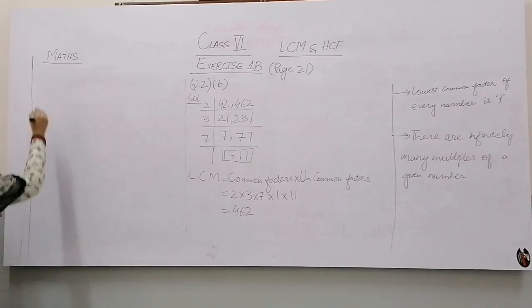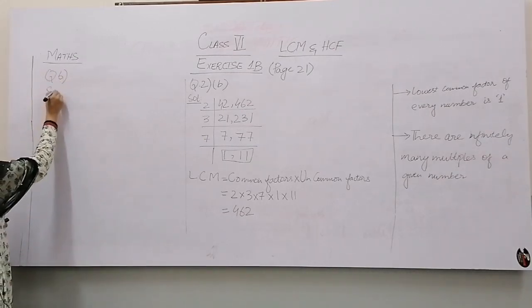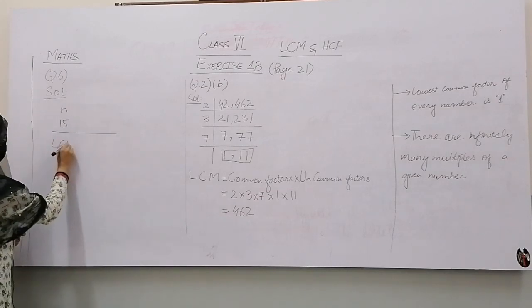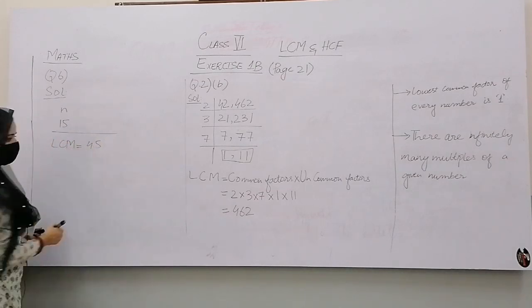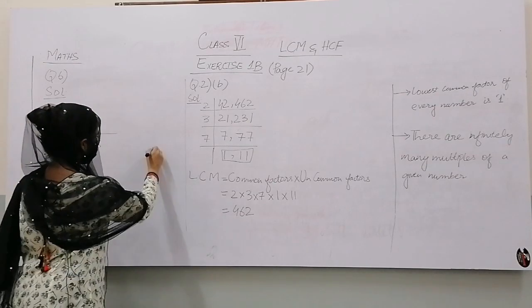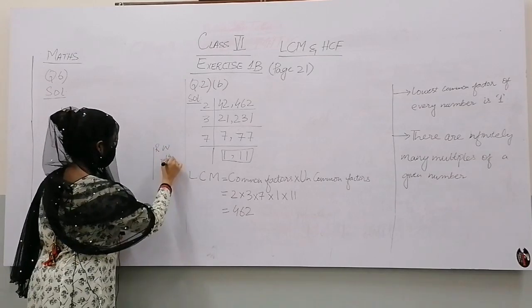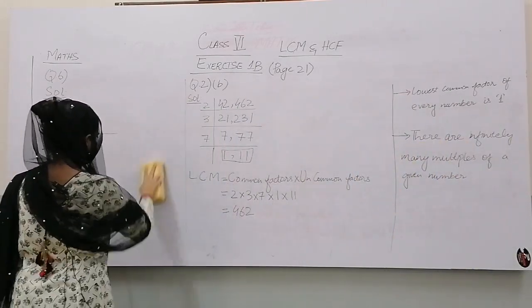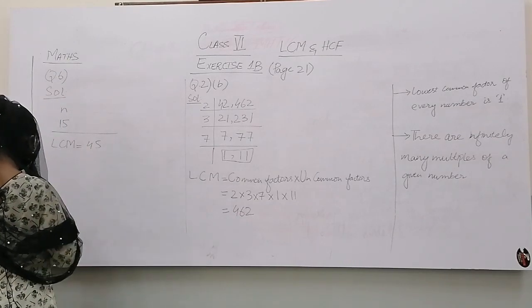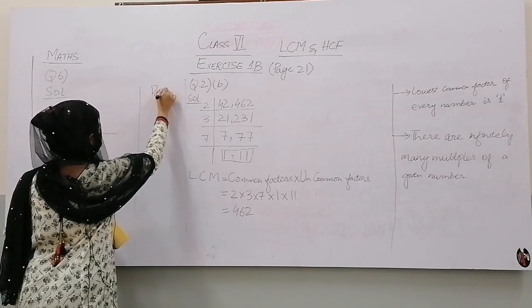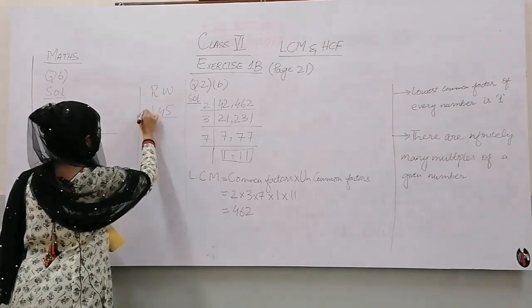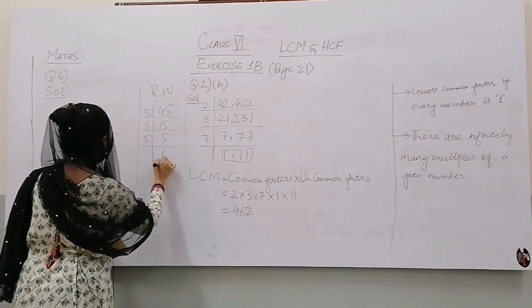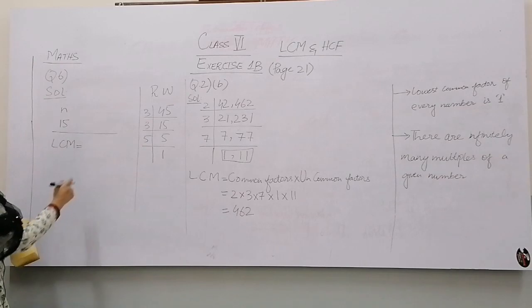We have two numbers, n and 15, and their LCM is 45. 45 means you can do prime factorization in rough work. So 45 means 3 into 3 into 5.